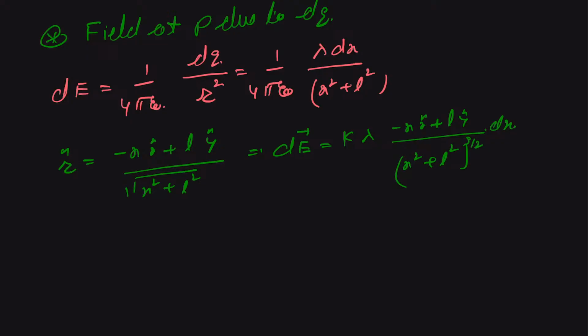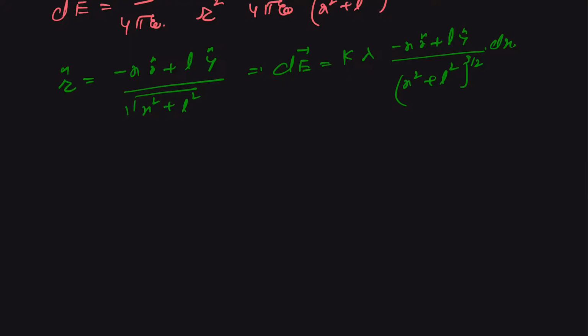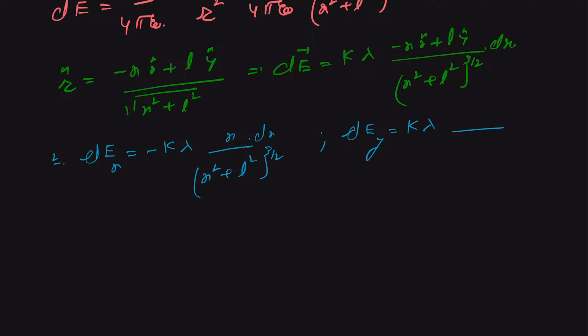Now we can find the components of the electric field. Its x component will be equal to minus k lambda x dx over x square plus L square to the power 3 by 2, and its y component will be equal to k lambda L dx over x square plus L square to the power 3 by 2.